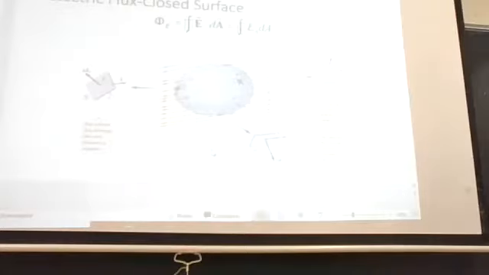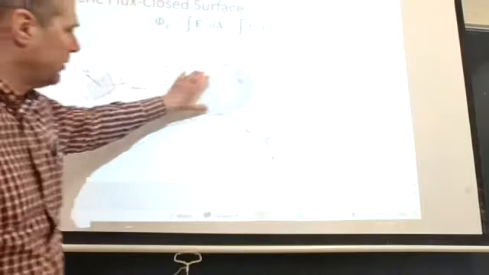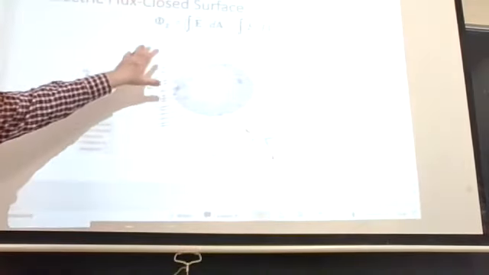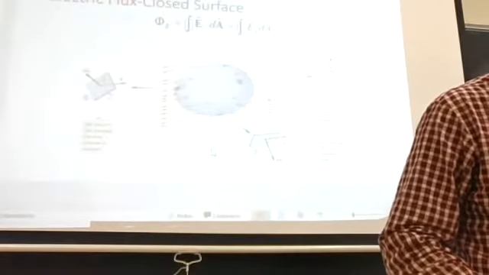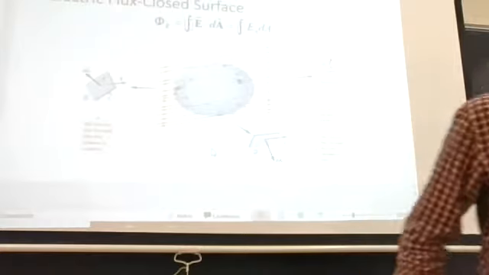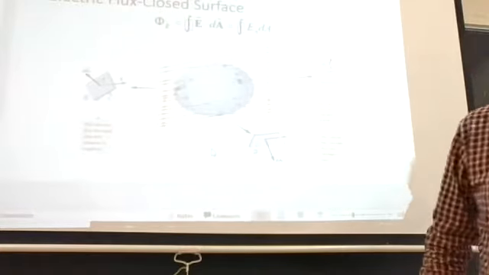And here's just another picture. We have an electric field going through some kind of surface, and we're finding the flux. It's just another picture saying the exact same thing.